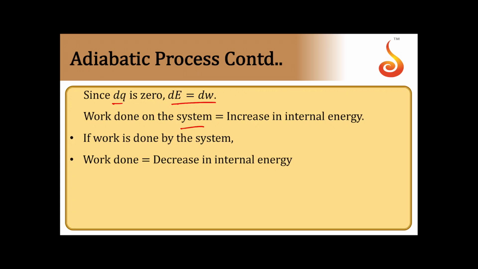So work done on the system will increase the energy of the system, and work done by the system will decrease the energy of the system. This comes under the adiabatic process.